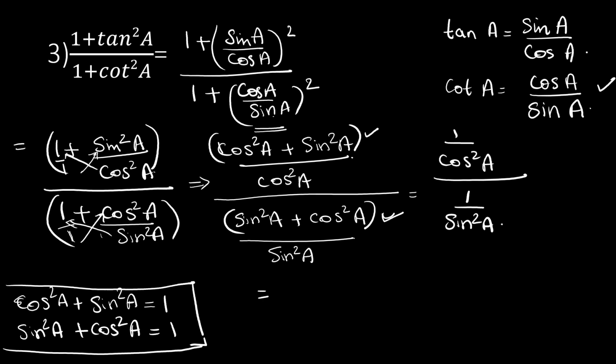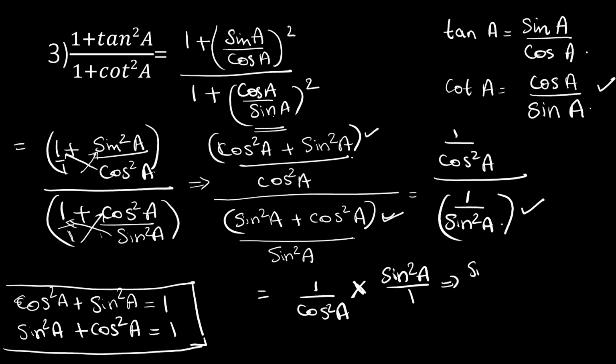Now this is equal to 1 by cos square A. We take the reciprocal of the denominator term, that is sin square A by 1. This is sin square A divided by cos square A, or it can be written as sin A divided by cos A whole square, that is numerator square divided by denominator square.